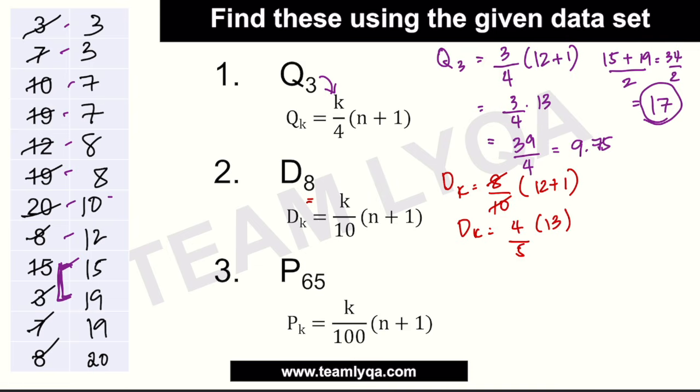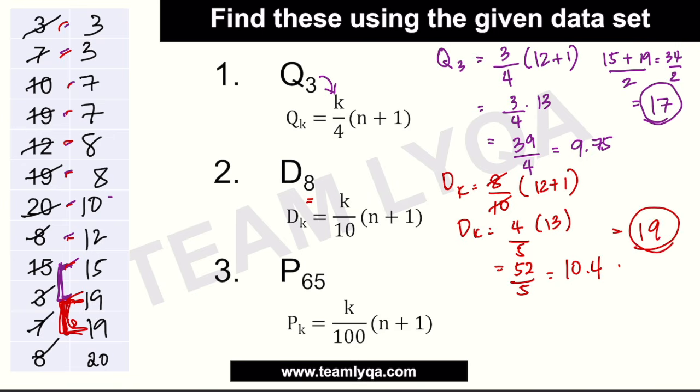Okay. Now, kung isosolve natin ito, 4 times 13 is going to give us 52 over 5. Na kung i-divide natin 52 sa 5, that is going to give us 10.4. So again, 1, 2, 3, 4, 5, 6, 7, 8, 9, 10.4. Dito siya sa pagitan nito. Pero dahil pareho naman silang 19, this is just going to give us 19.